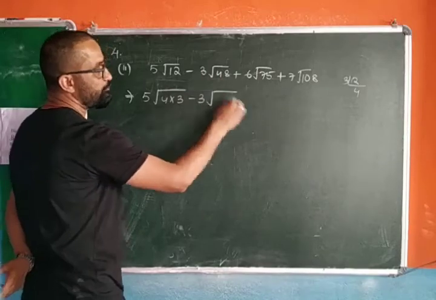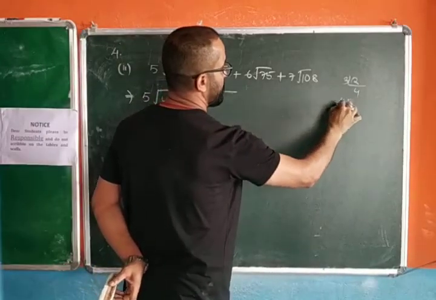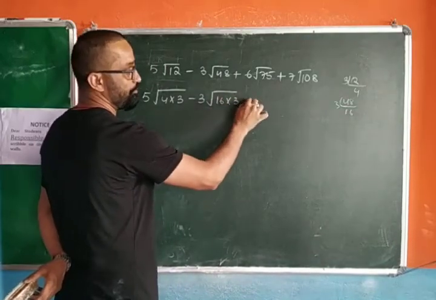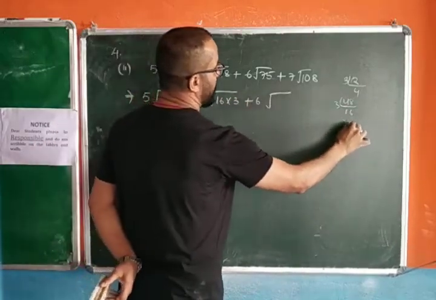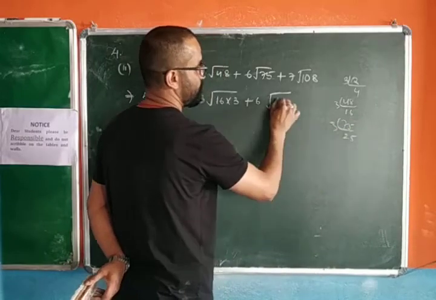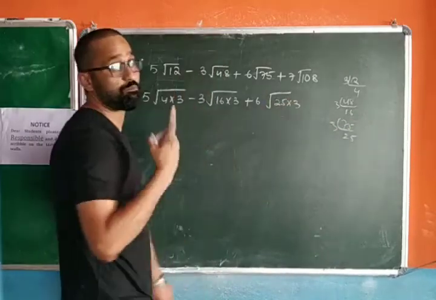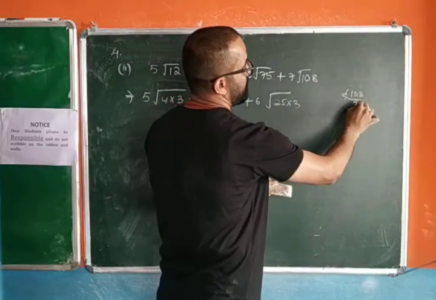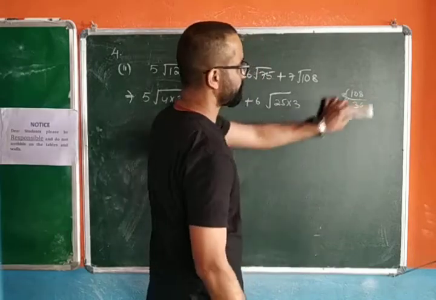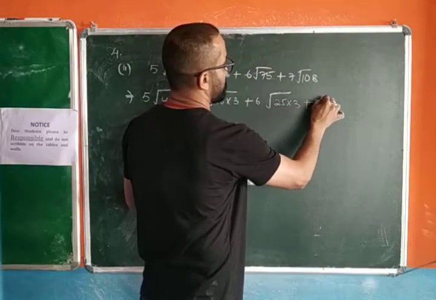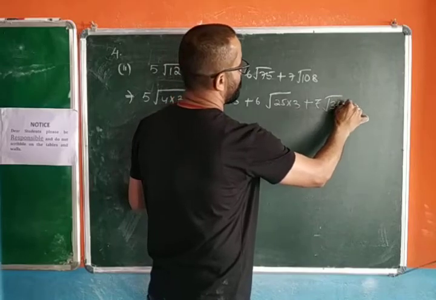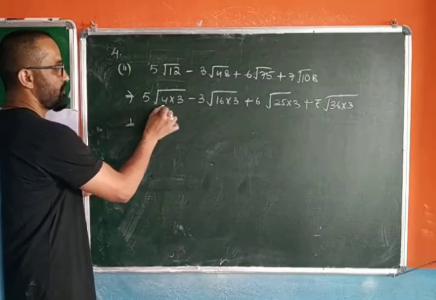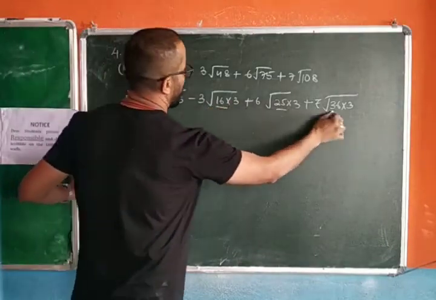Similarly, 48 you divide by 3, it is 16 times, so you get 16 into 3, a perfect square number. 75 you divide by 3, 25, so 25 into 3. 108 again divide by 3, 36. So it is plus 7 root 36 into 3. Once you get these perfect square numbers, you mark them with a pencil.